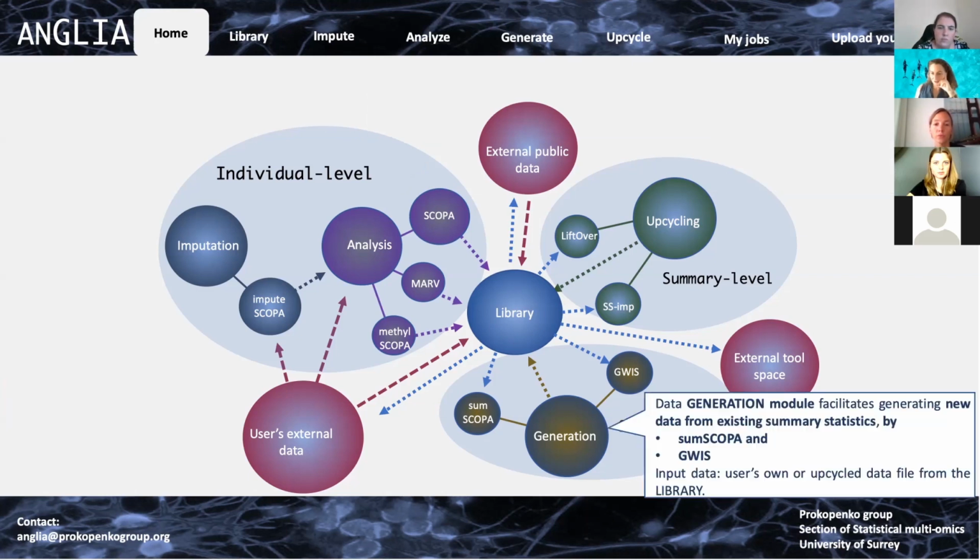Another thing is the data generation model, which I talked about, performing multi-phenotype analysis from summary statistics and getting estimates for composite measures as with GWAS. There's a demo version which is still very preliminary, but we want to get it up and running very soon so that we can all use it.